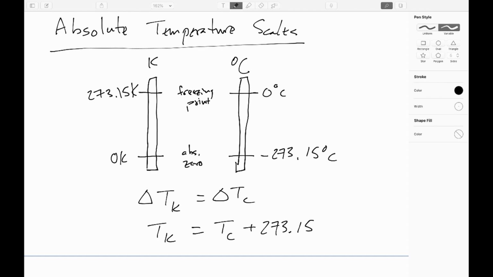All right. Now, those of you who may be assiduous readers of footnotes in textbooks may be ready to call me out that the upper reference point is not the freezing point of water, and you are correct. Until recently, with the redefinition of SI, the upper point was actually the triple point of water.